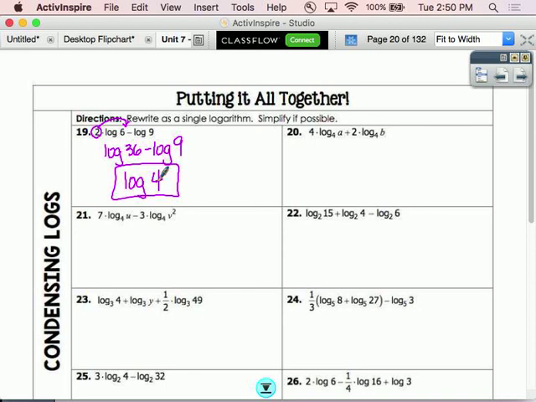All right, looking at the second one. The 4 goes with which number? The A. The 2 goes with the B, and then plus is going to have us do what? Multiply. So we're going to have log base 4 of A to the 4th plus log base 4 of B squared.